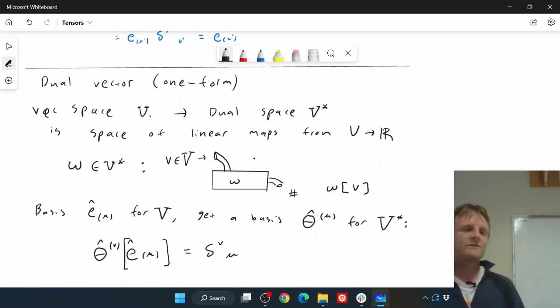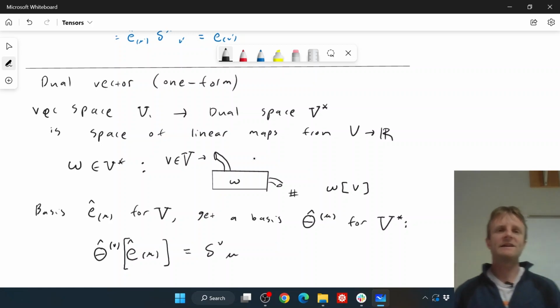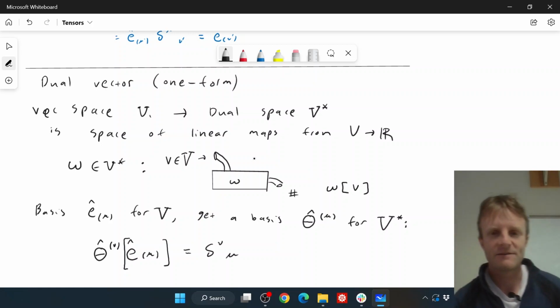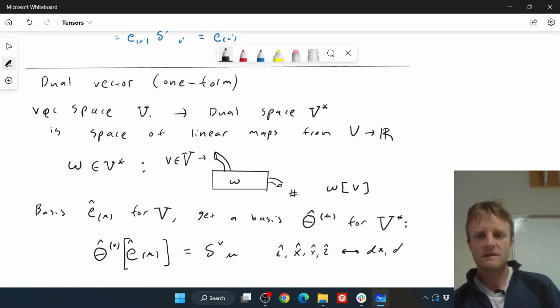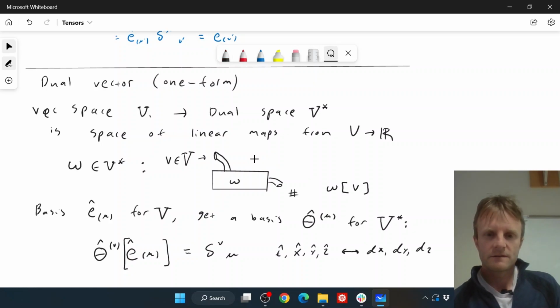All right, and this is sort of a fancy way of writing the fact that if you had something, x hat, y hat, z hat, t hat, you could introduce something called dx. This is just the notation for another notation. Let's just leave out t for now.